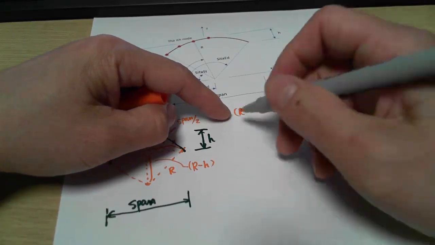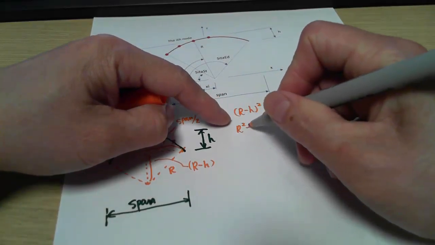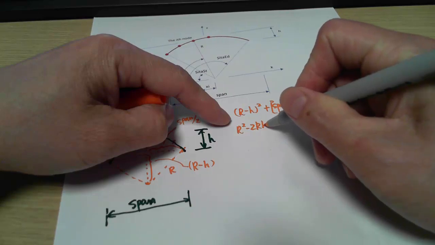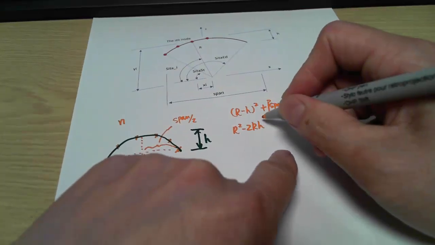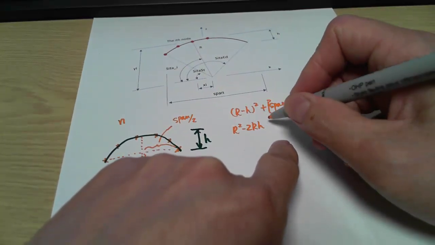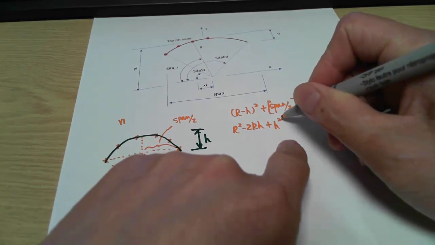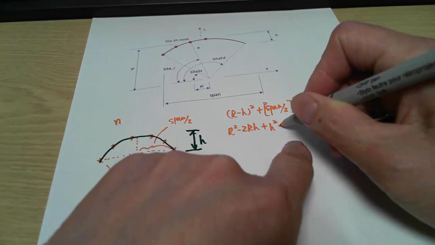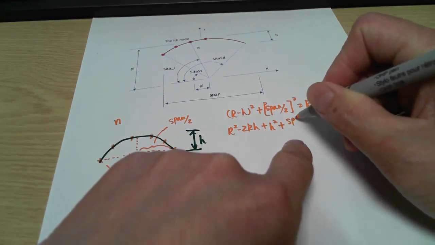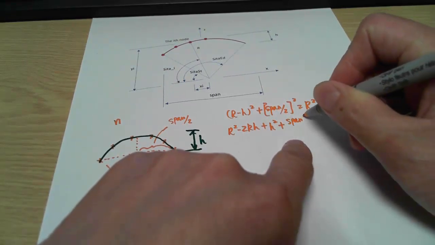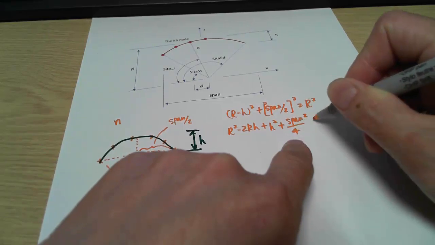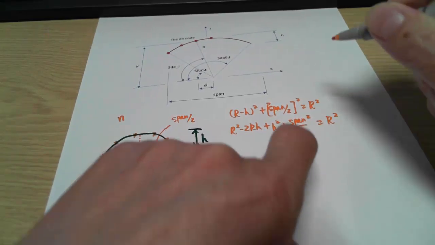So we expand this, and you have r squared minus 2rh plus h squared plus span squared divided by 4, equal to r squared.